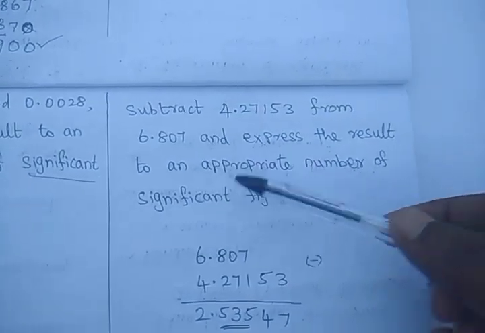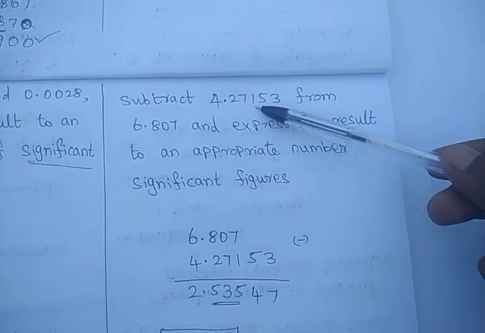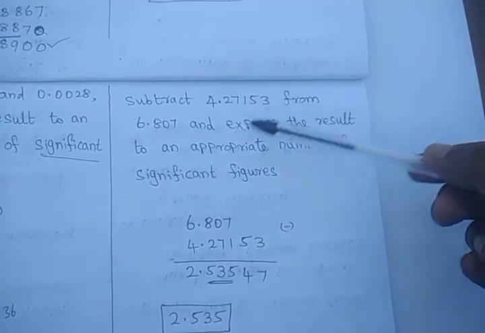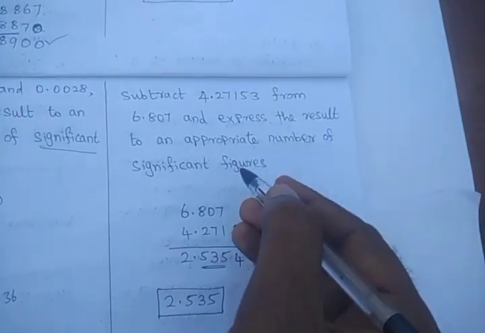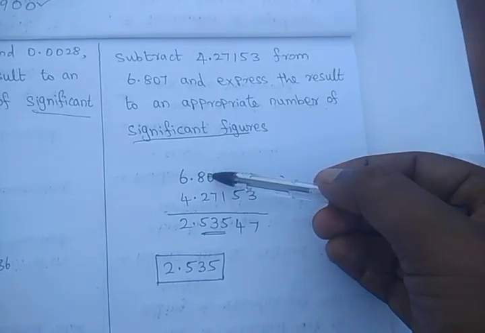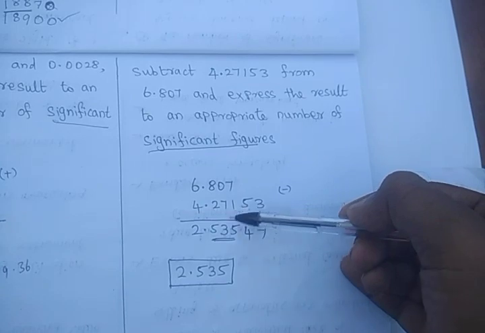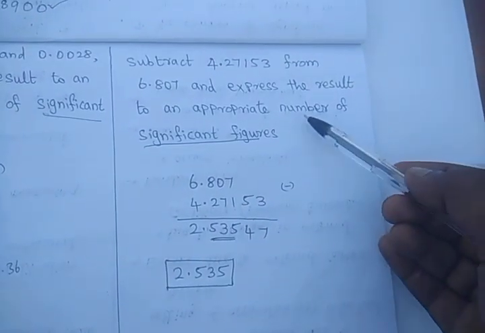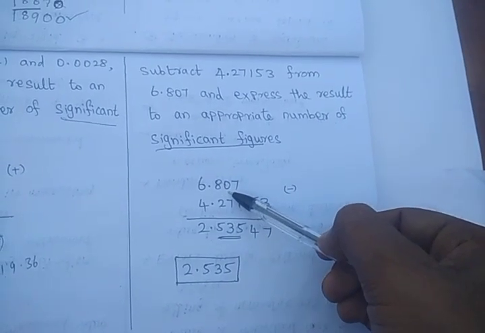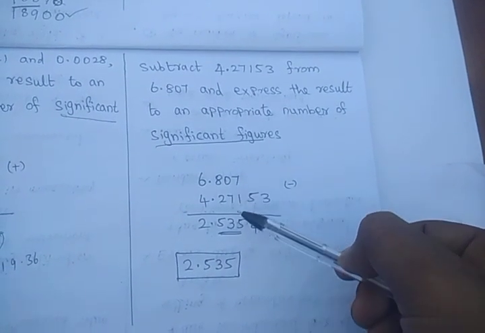Similarly for subtraction also: 4.27153, which has 5 decimal places, and the other has 3 decimal places. We have to subtract and also express in appropriate significant figures. Subtract the smaller number from the bigger number, and we get this one. Appropriate significant figures means only 3 decimal places, 1, 2, 3. So we have to take 3 decimal places.